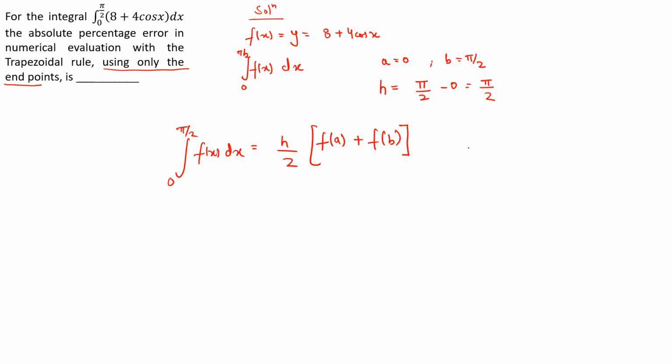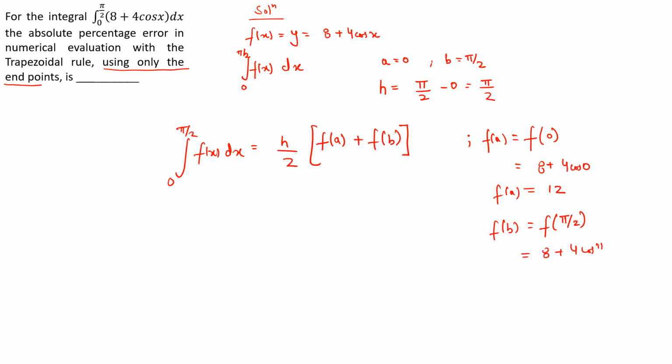Now let's see what f at a is. f at a is just the value of the function at 0, which is 8 plus 4 times cos of 0, and we know that cos of 0 is 1, so this becomes 12. Similarly, f at b is the value of the function at pi by 2. So this is 8 plus 4 cos of pi by 2, and we know that cos pi by 2 is 0.